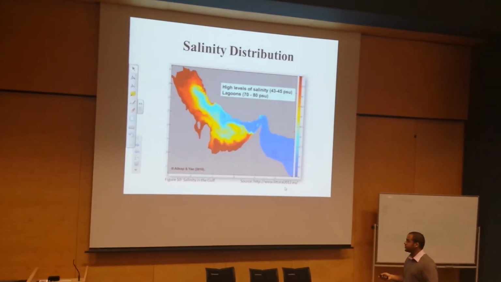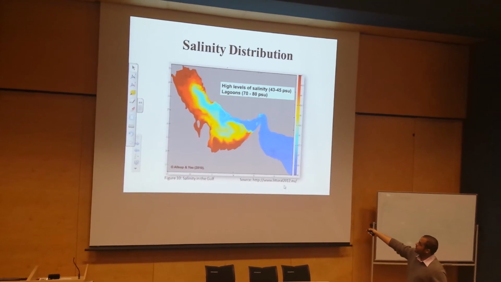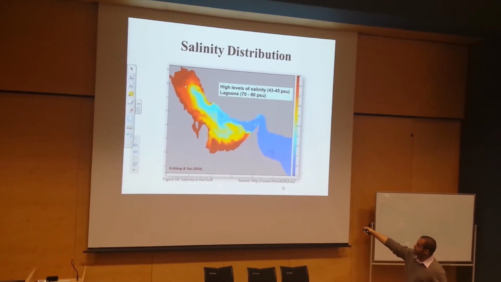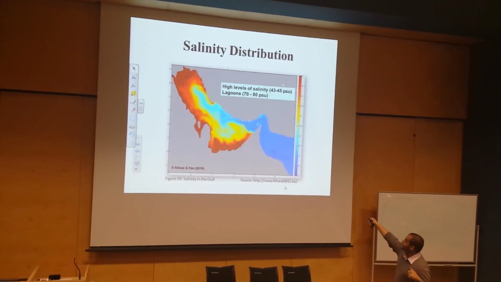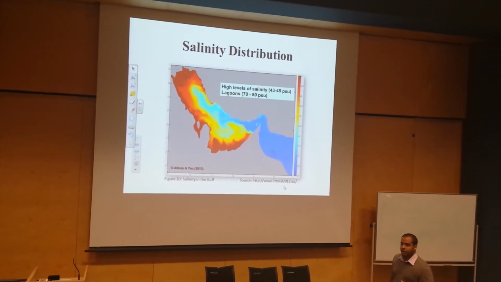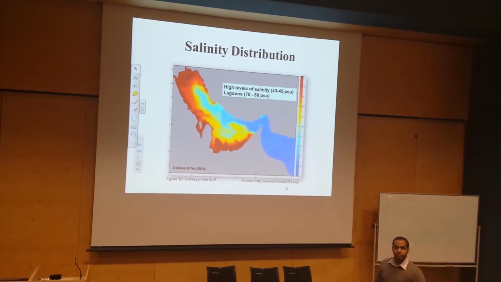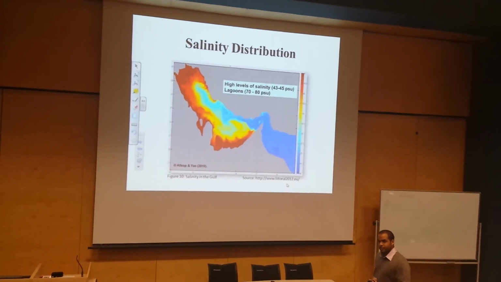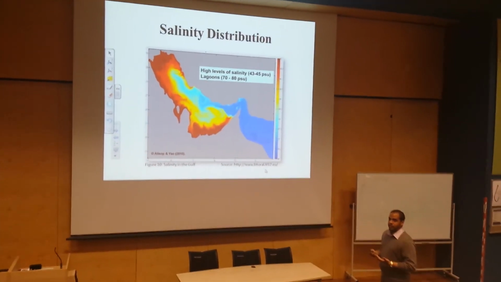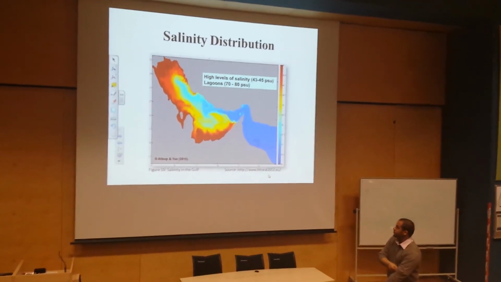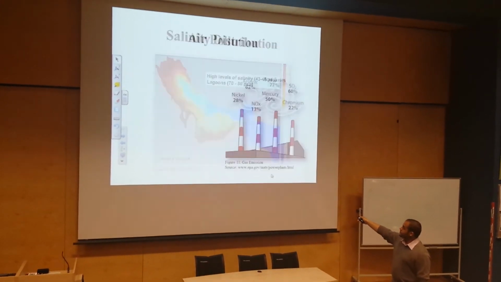As we can see in this picture, this is the Arabian Gulf. All of the dark red color here is the high percentage of salinity. The recorded salinity here is 43 to 45, which is above normal. The normal one is 36, so anything above normal will affect the marine life and marine organisms. Okay?